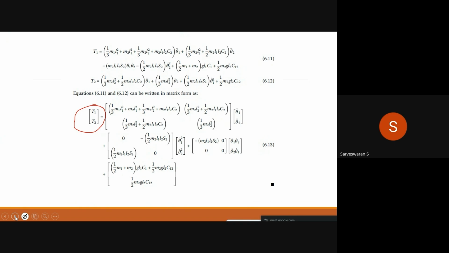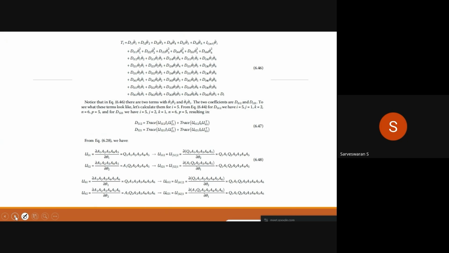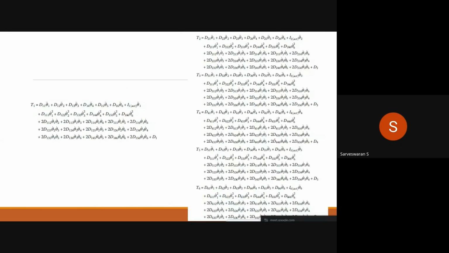But for a 6 DOF robot, we have to solve for the generalized equation, and finally we will get T1, T2, T3, T4, T5, and T6. Exams won't ask at that level. They will stick with only 2 DOF.